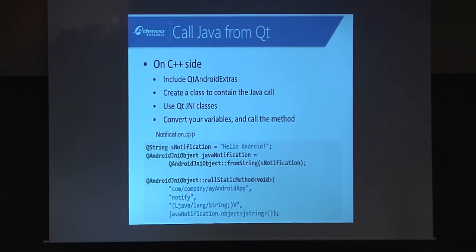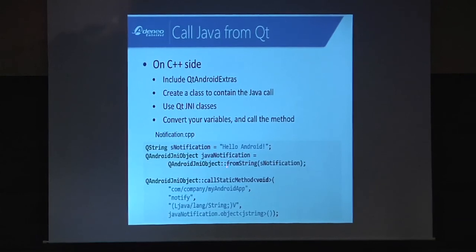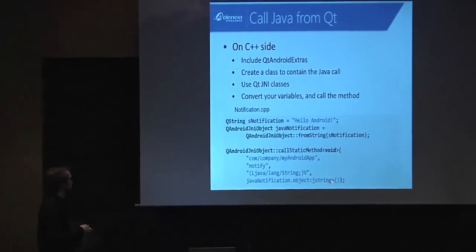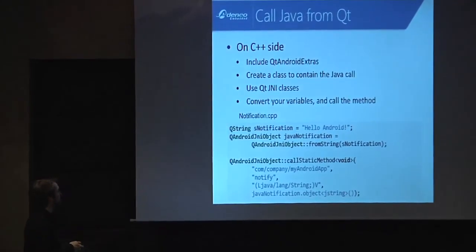And then you use that strangely looking function that will actually make a call to a Java file inside your application. We pass it this element, this Java notification, converting it to a Java string.